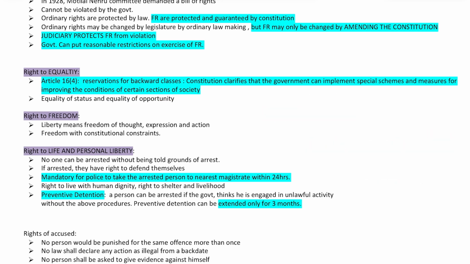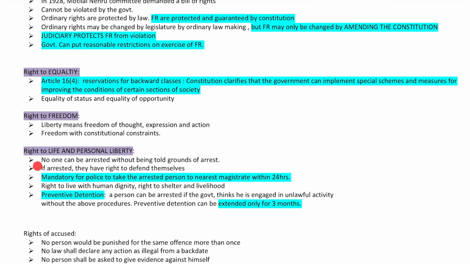Then the right to freedom. Liberty means freedom of thought, expression, and action. Freedom with constitutional constraints. The right to life and personal liberty, from Article 21, 22, 23, and 24, and also 20 with respect to detention.